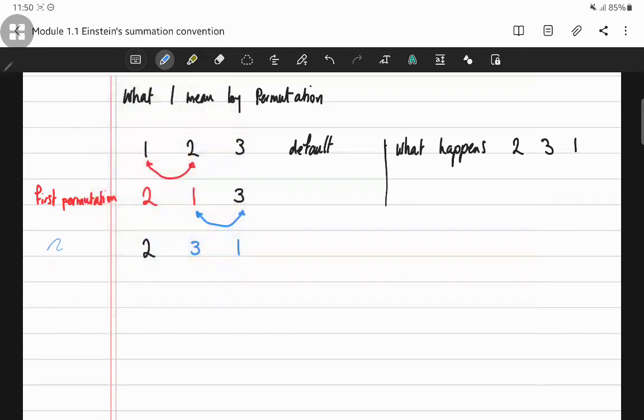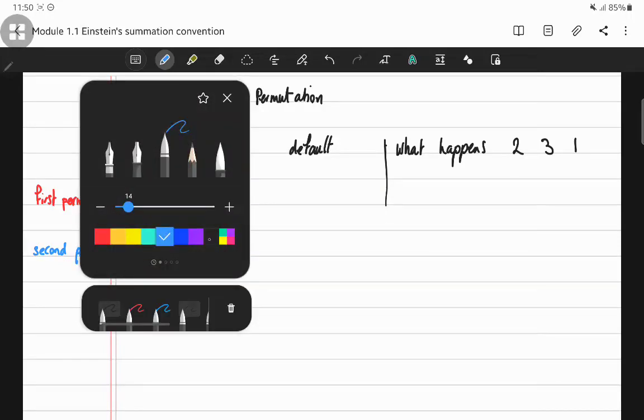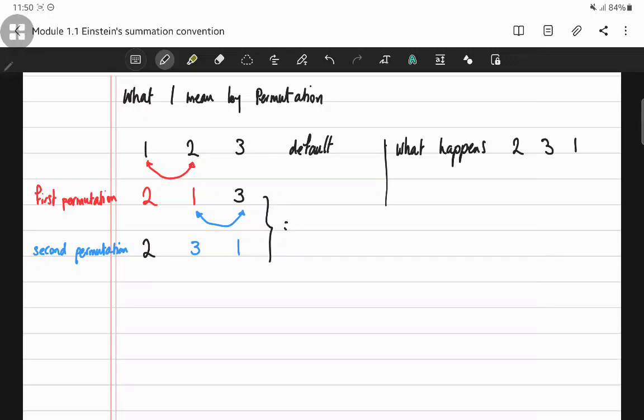This is the second permutation. Therefore, you have an even number of permutations.